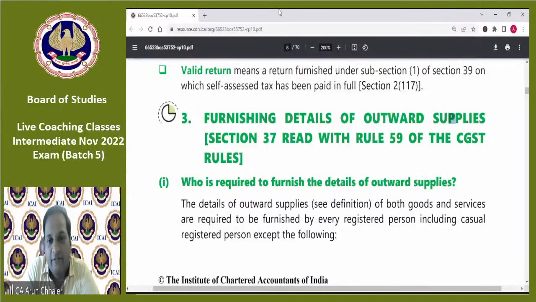What is the GSTR1? Details of outward supply. Meaning thereby, whatever supply I have made, whether it is goods or services, you need to capture everything in the GSTR1. What is the due date of the GSTR1?